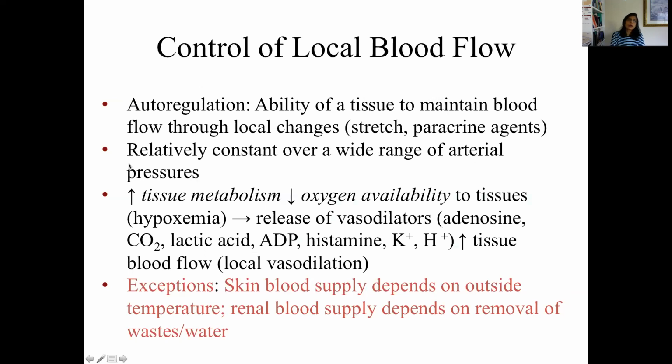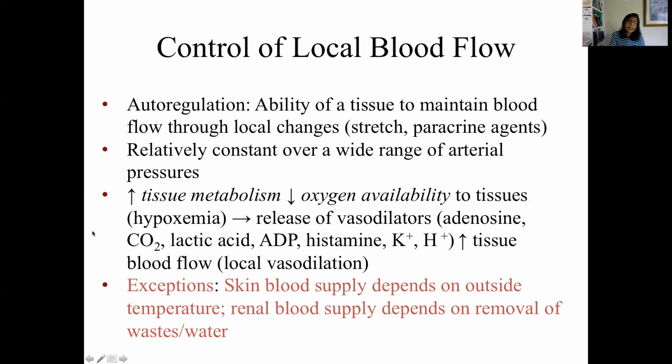Blood flow to the tissue is kept constant even if the blood pressure changes elsewhere. That is the goal to some extent. And then, if the blood pressure is really wacky, it affects the tissues as well.